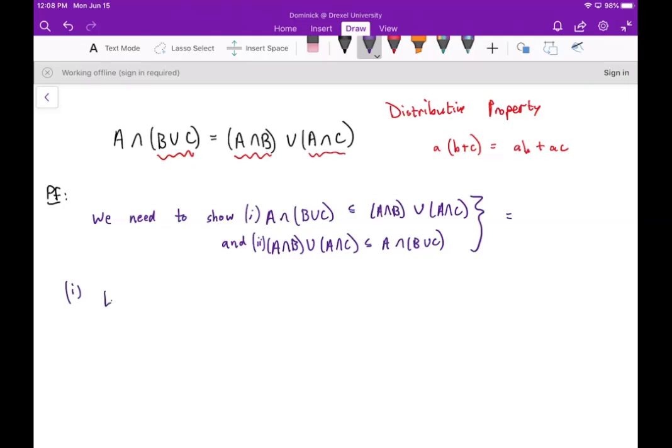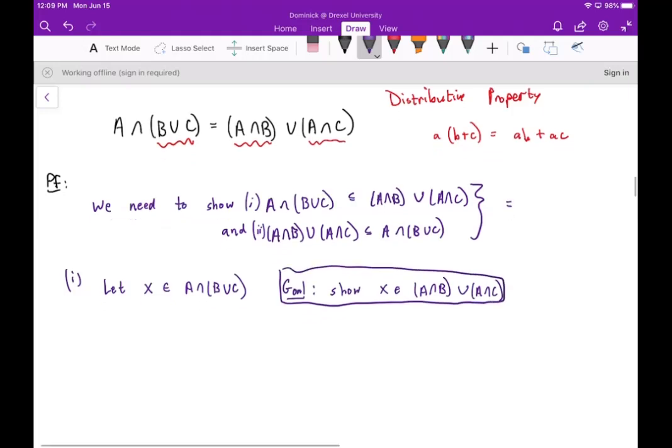We're just going to let an arbitrary element that we'll call x belong to the left side. And then the goal is to show that x also belongs to the right side. Okay, so that's what we ultimately want to show for this first part of the proof.